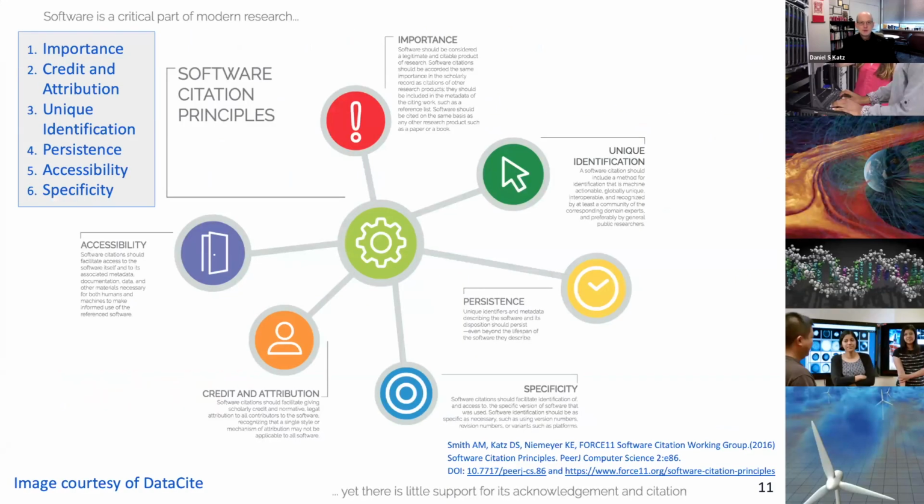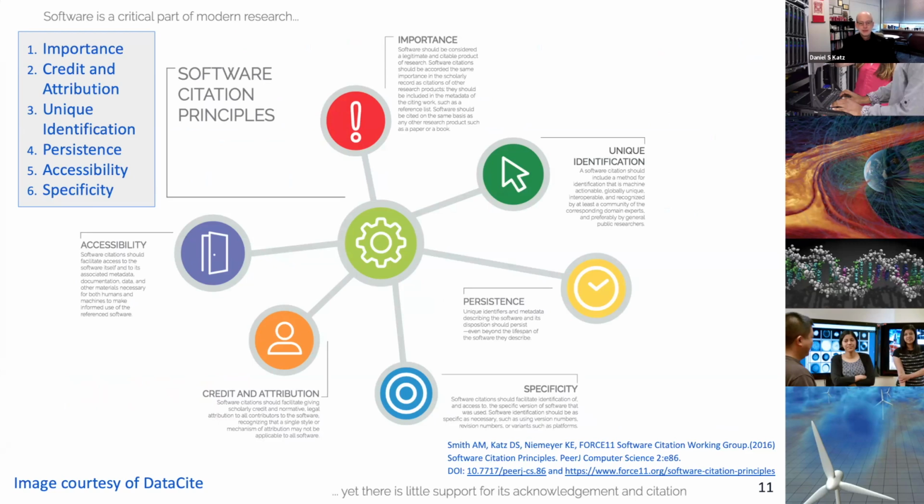And the principles themselves then are important, that software should be considered a legitimate and citable product of research. Credit and attribution. The citations facilitate giving scholarly credit and normative attribution to all contributors. Unique identification. The software citation should include a method of identification that's machine actionable, globally unique, interoperable, and recognized by a community.